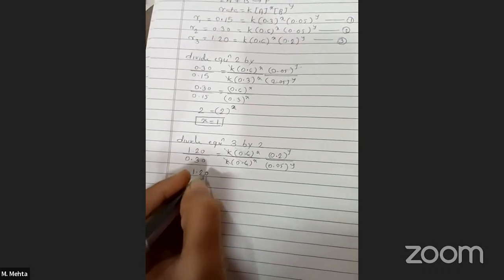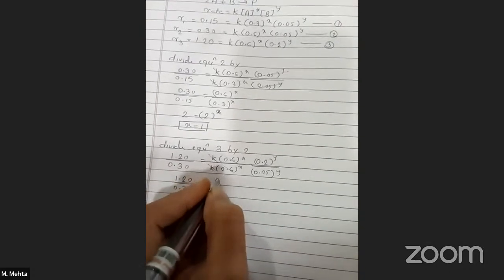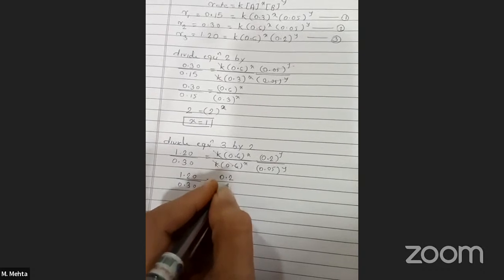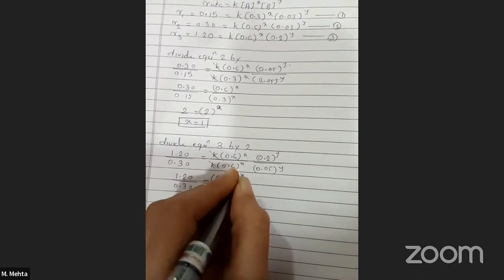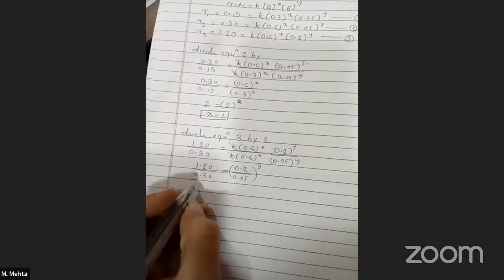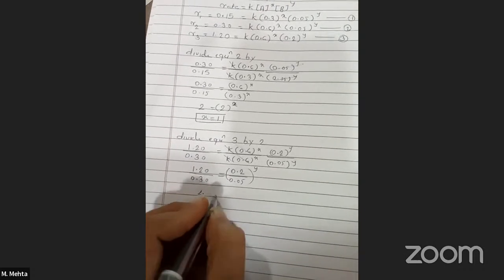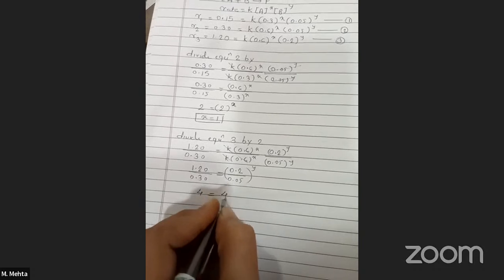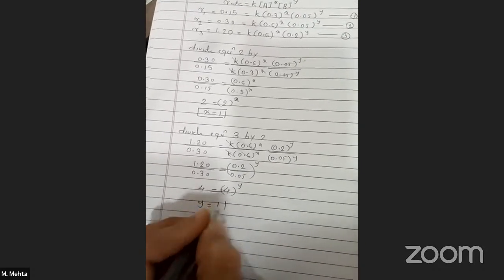So 1.20 upon 0.30 equal to 0.2 upon 0.05. So here 4 is equal to 4 raised to Y. So the value of Y will become 1.